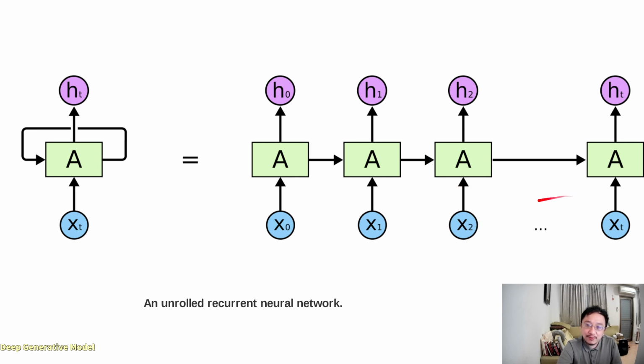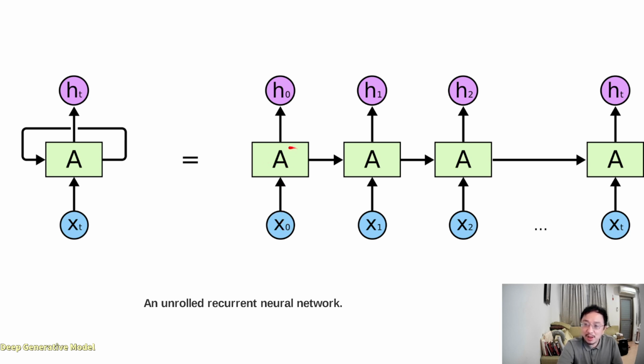But for the first iteration, or the first step, we only take the first element of the sequence, x0, as the input. So we actually have two inputs: the initial state, and the input from the sequence, the first element.